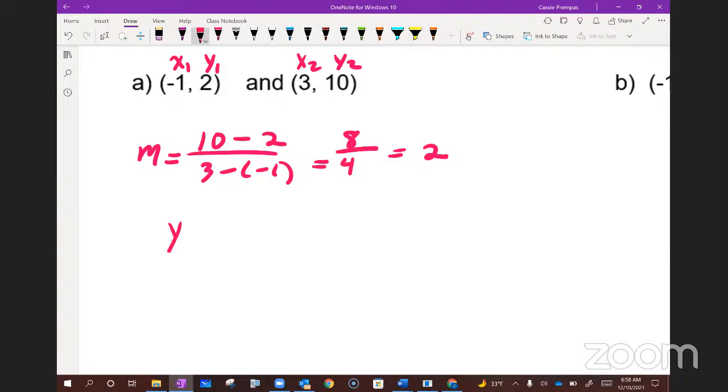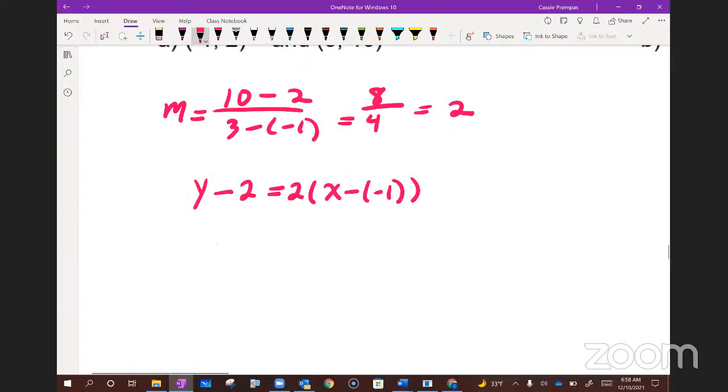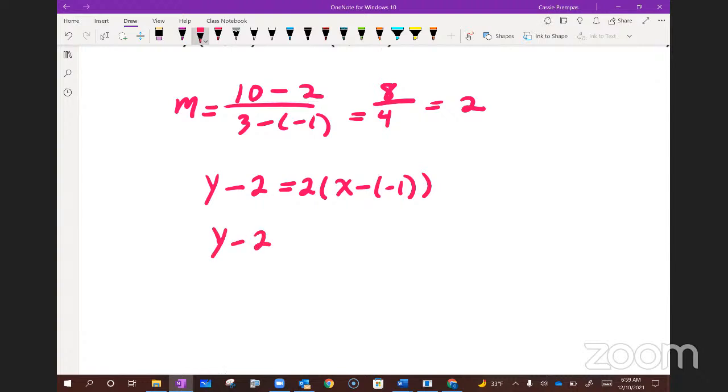So I would have y minus y1, which is 2, equals my slope, which is 2, times x minus x1, which is -1. I can simplify that. That's y minus 2 equals 2 times quantity x plus 1. Now, to get this in standard form, I need to distribute and move the x to the left side with the y.